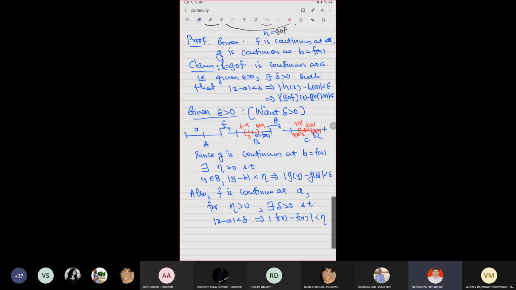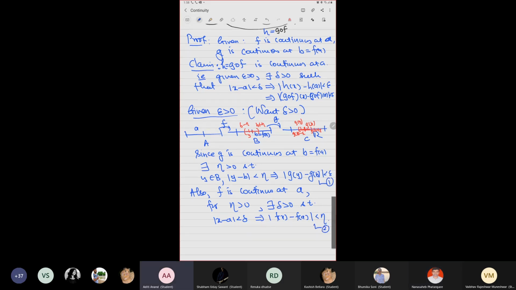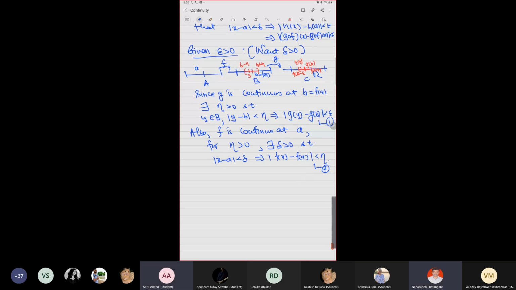Is it possible? Yes. Now see the figure again. So now I found delta: a minus delta, a plus delta. This is the delta neighborhood. So if x is in the delta neighborhood of a, then f(x) is in the eta neighborhood of b, which is f(a).